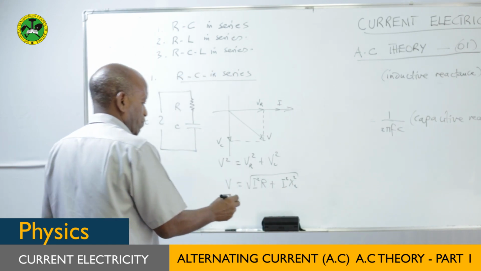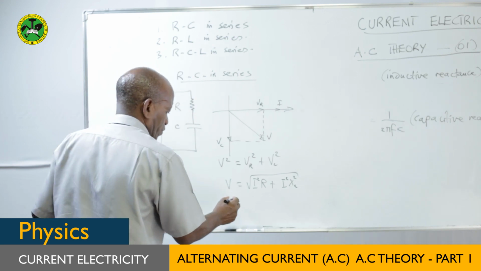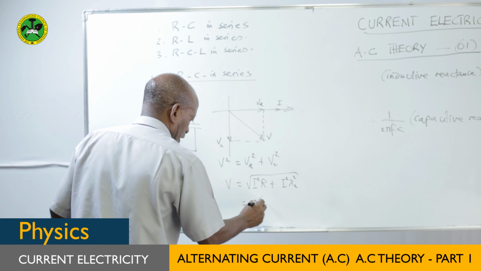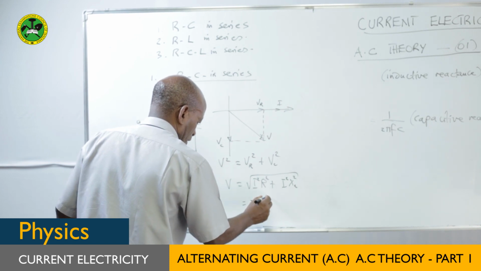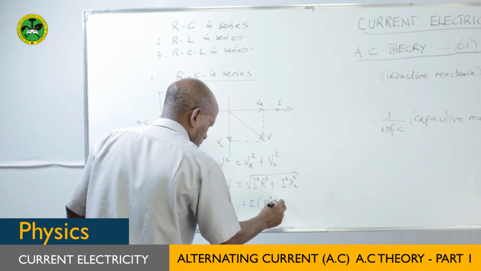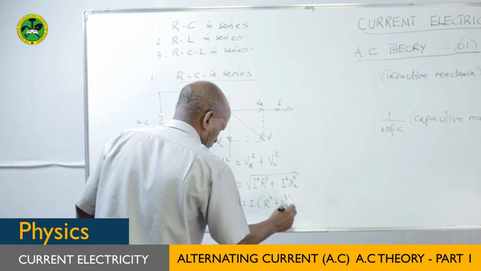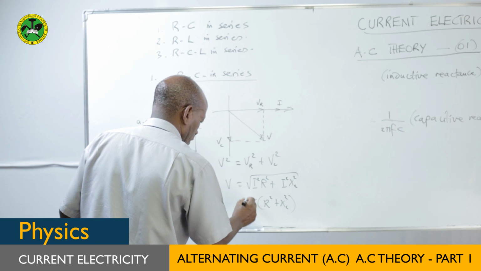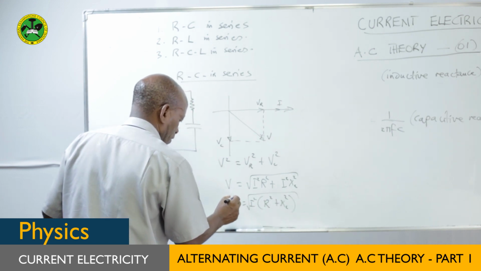And if you derive, let me do it for you for this first case, you can take I outside, and inside there will be R squared plus the capacitive reactance squared.